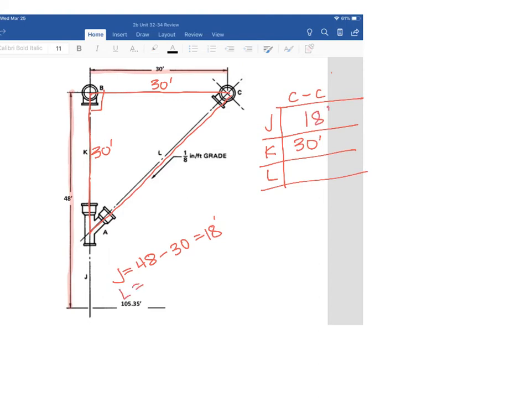And then L, remember, if your two sides of your right triangle are the same, you can times by the constant, which is 1.414. So I'm going to take 30 multiplied by 1.414, and this gives me 42.42 feet. So that's the center to center measurements of J, K, and L.